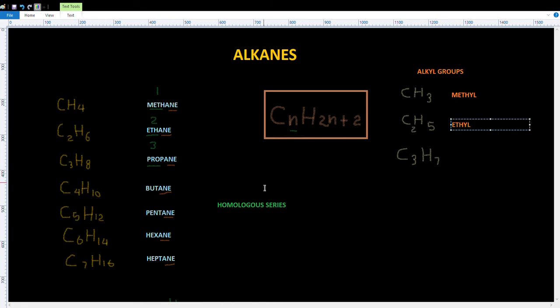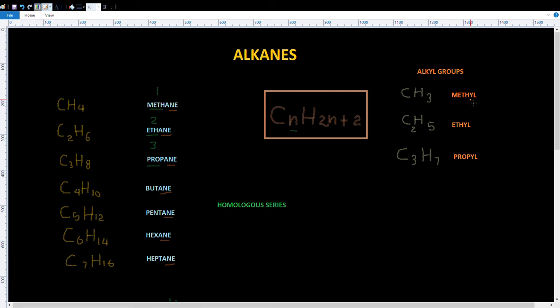And for propane, you can see C3H8. As usual, as in the previous ones, we remove one H atom and we get C3H7, and that's going to be propyl. So we call these the alkyl groups. Here also you can see something interesting.